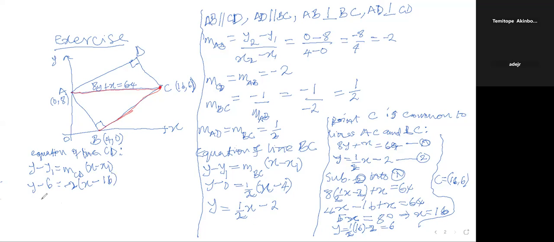So open that bracket, you have y minus 6 equals minus 2x plus 32.